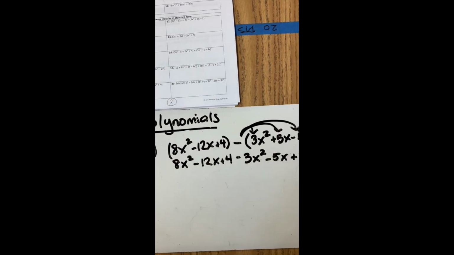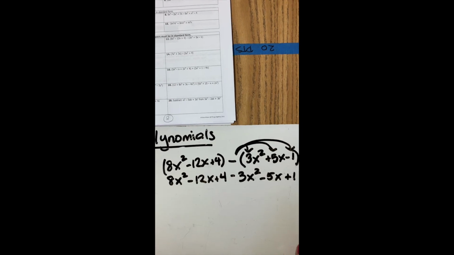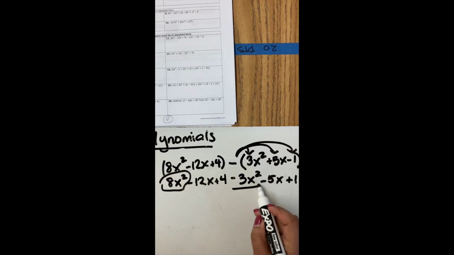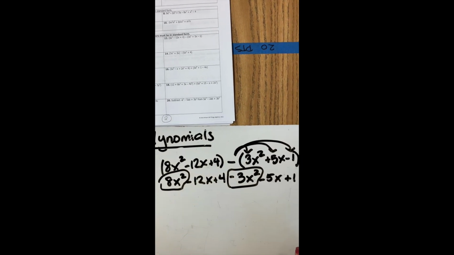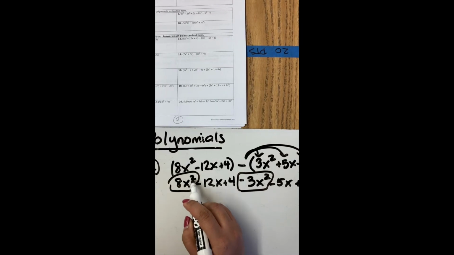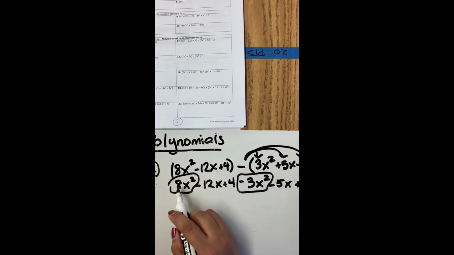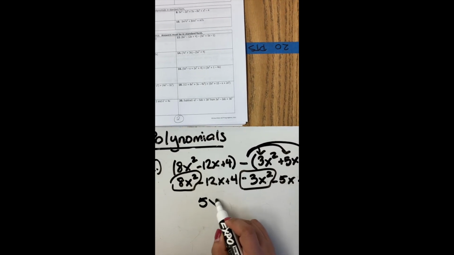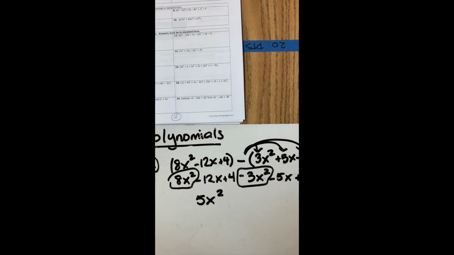And now we're going to combine like terms. Like terms must have the same variable and exponent. This and this is the highest exponent, and we can combine them because they have the same base and exponent. So now we're going to do 8 minus 3 is 5. You're going to keep the base and the exponent.